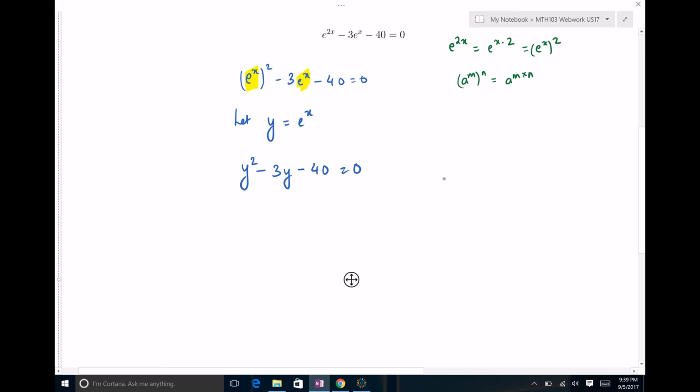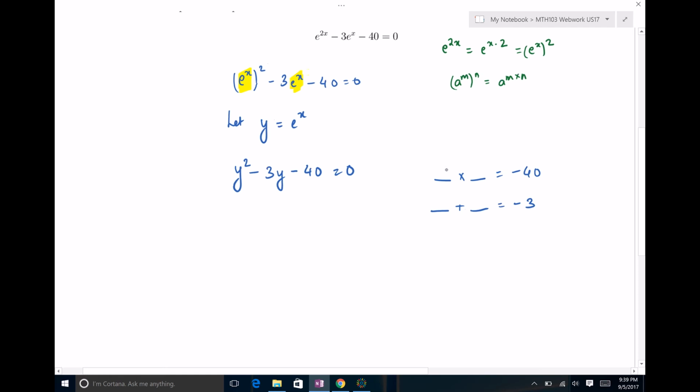So try and find two factors which when you multiply you get negative 40, and when you add them you get negative 3. So you can see that 8 times 5 gives you 40 and has a difference of 3, but because you have a negative 3, it's going to be negative 8 and positive 5.